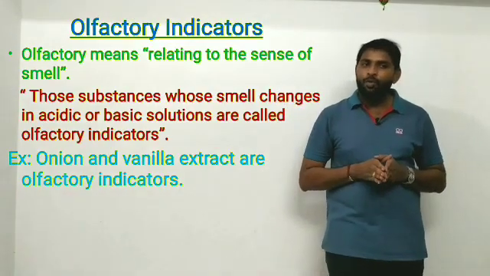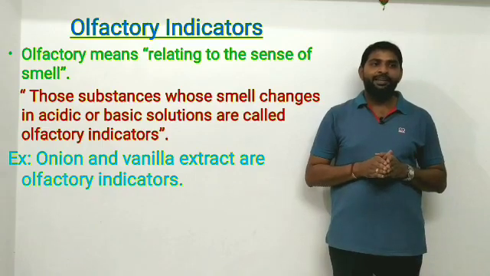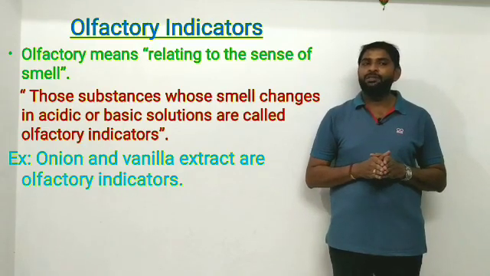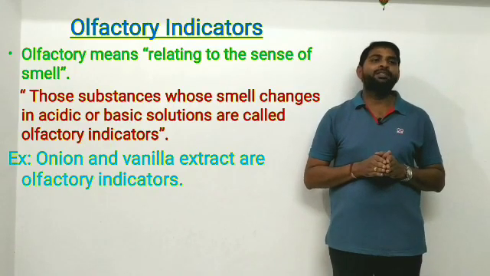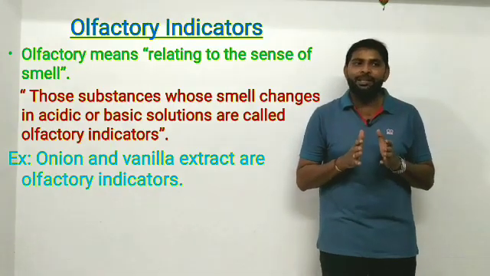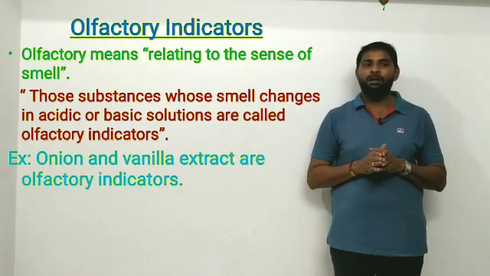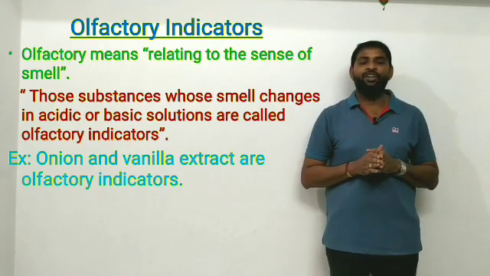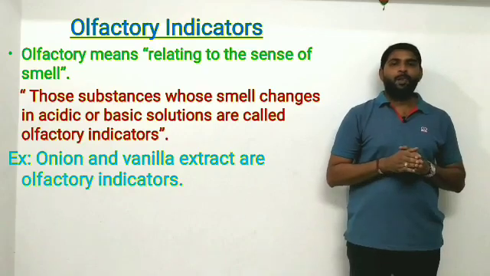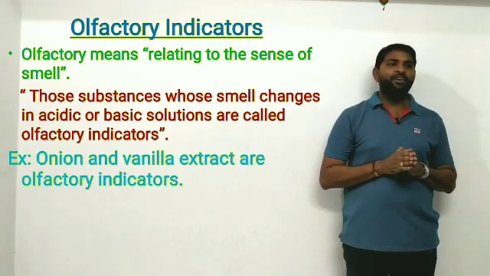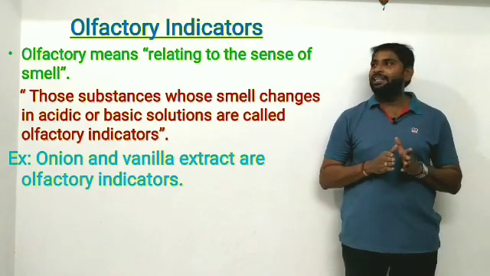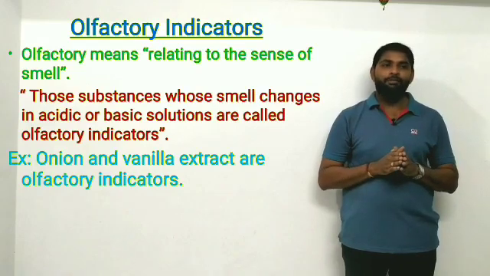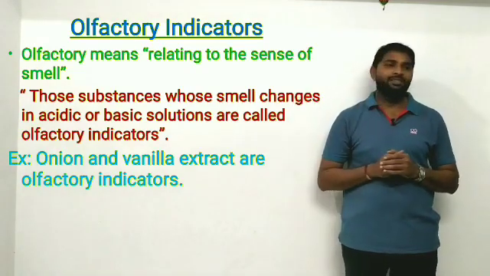Those substances whose smell changes in acidic or basic solutions are called olfactory indicators. Onion and vanilla extract are examples of olfactory indicators.